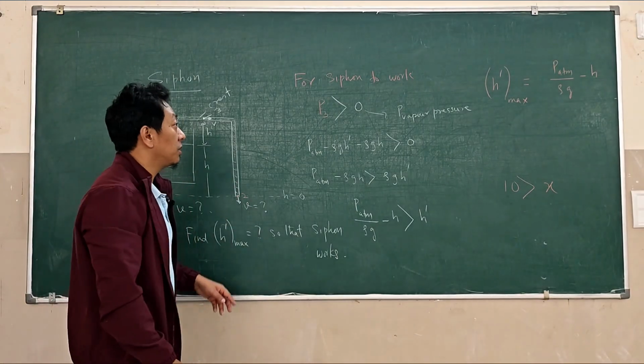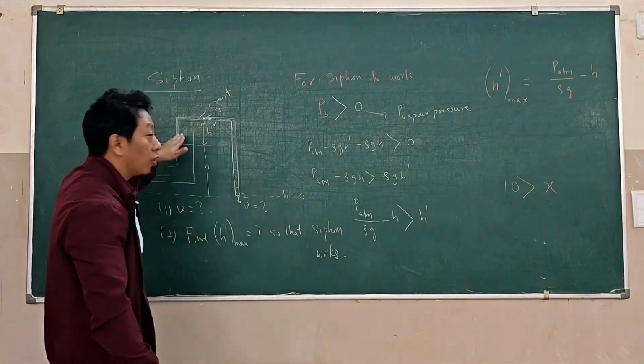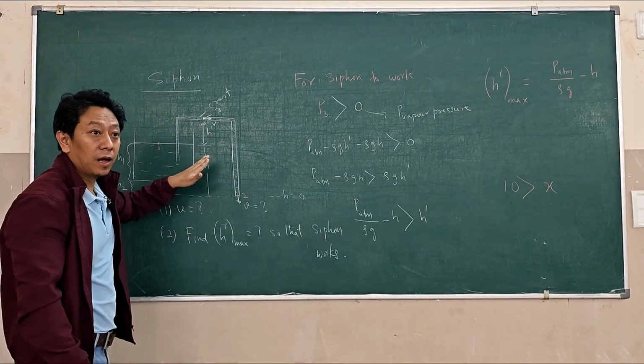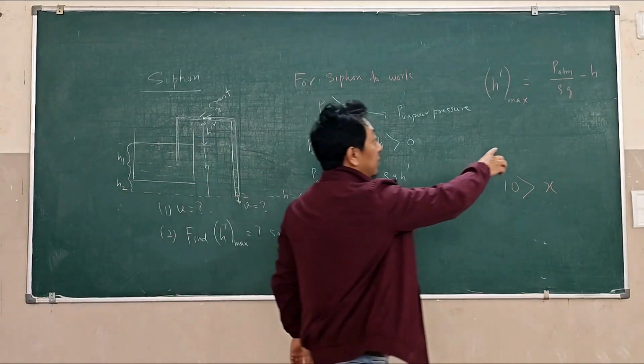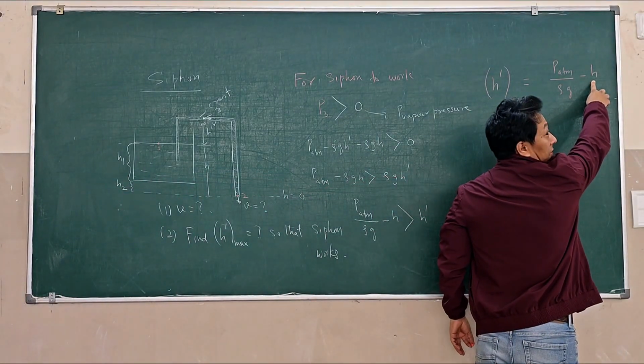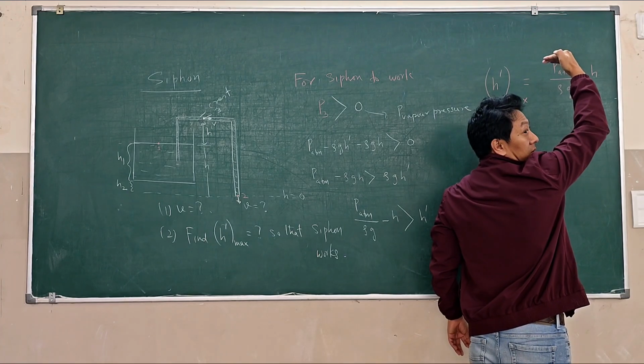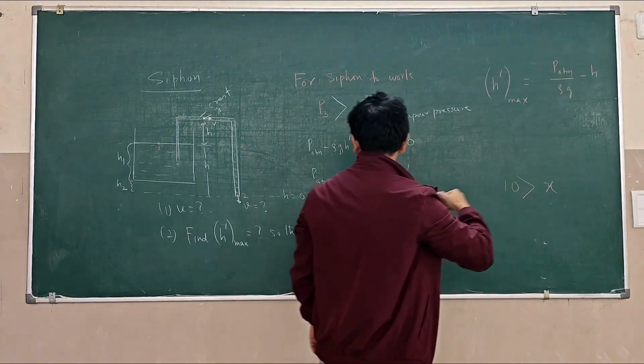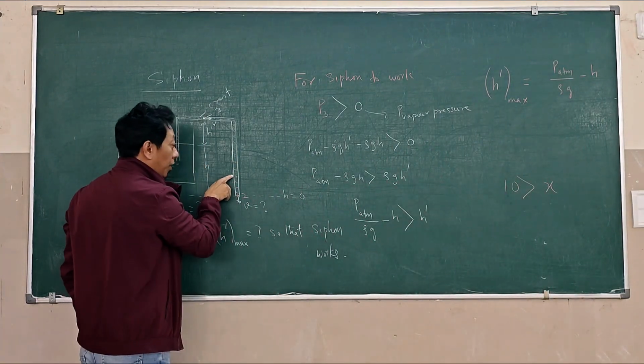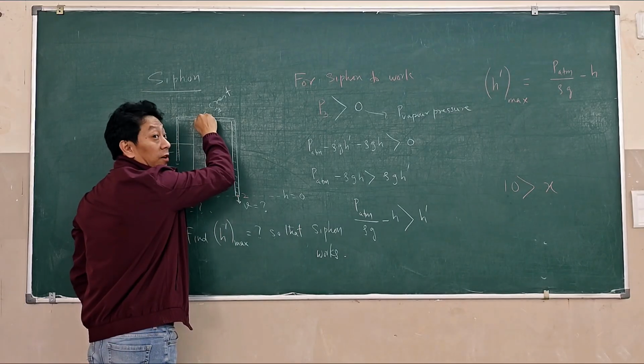Now I told you this h will depend on your setup. If this h is lesser, this will be even higher. That means if somebody takes this point here, you can go even higher.